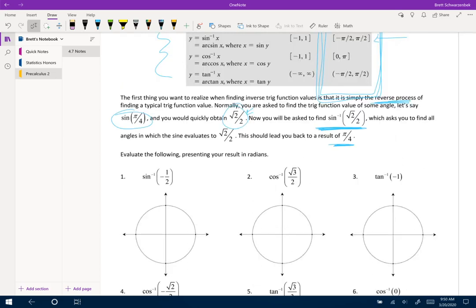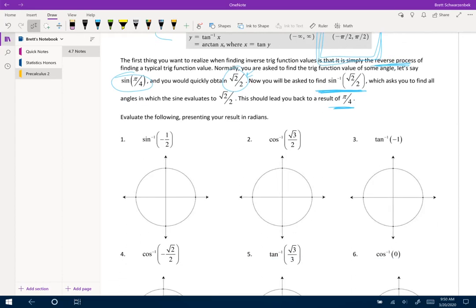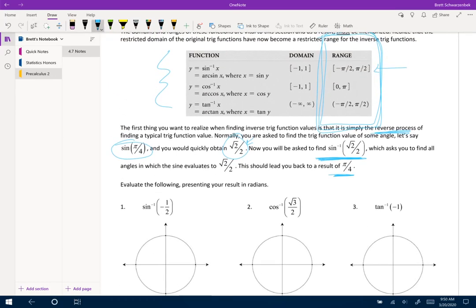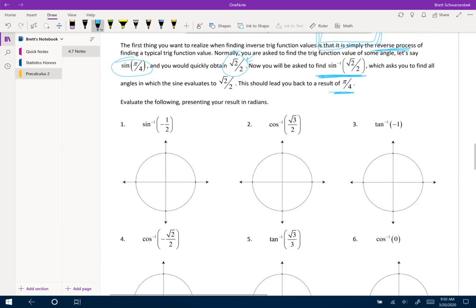Okay, so let's look at some examples. For number 1, we are looking for the sine inverse of -1/2. If we look at our range for sine inverse of x, it only occurs between negative pi over 2 and pi over 2. So if we look at these values, we know that pi over 2 is located over here, correct?